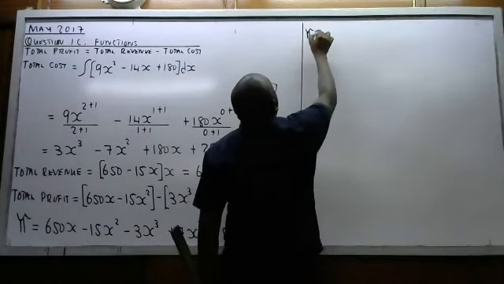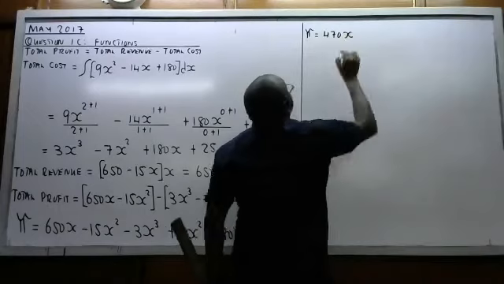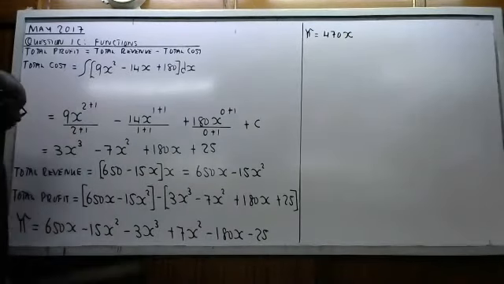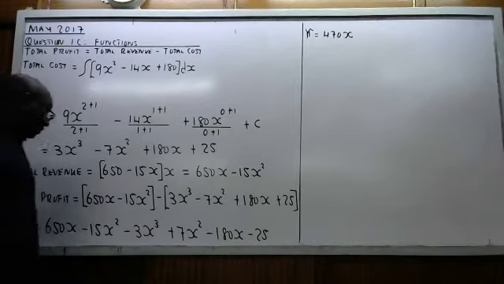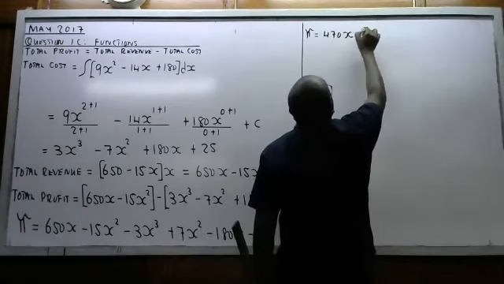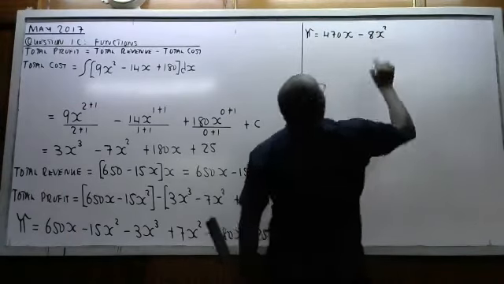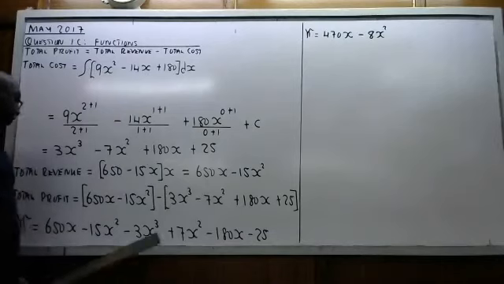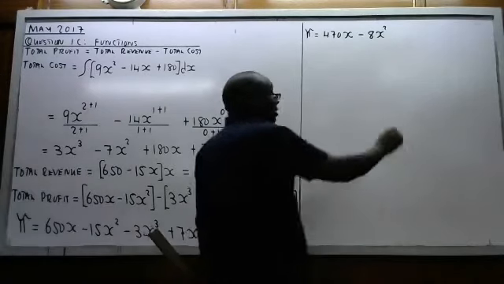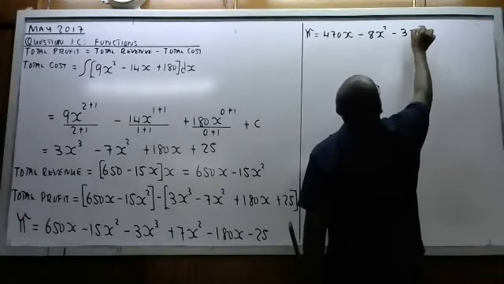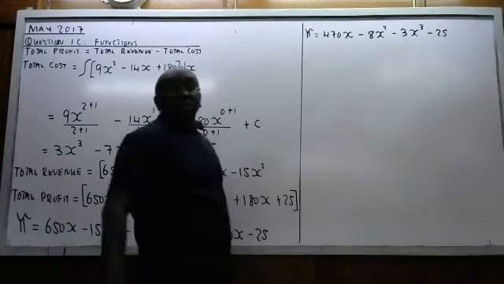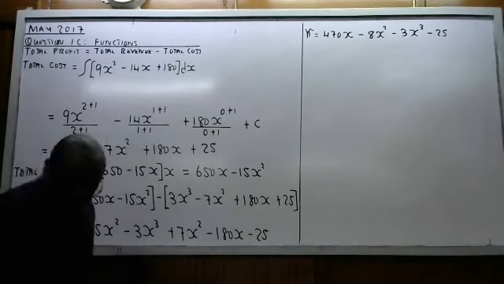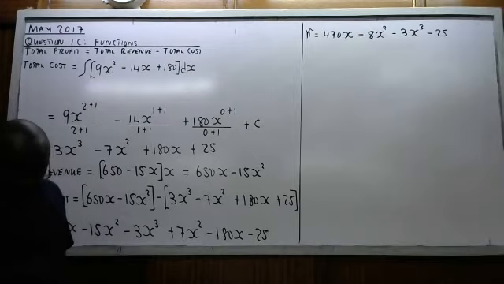So pi is equal to 470x. For the x squared terms, it is minus 15 plus 7, that gives us minus 8x squared, minus 3x cubed, minus 25. So that is the profit function.